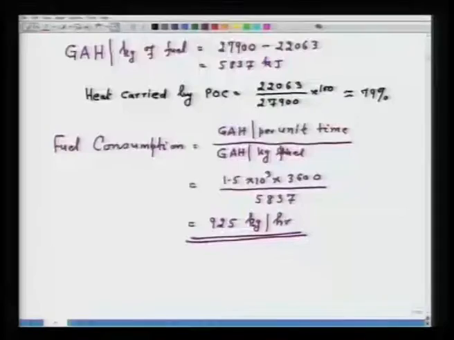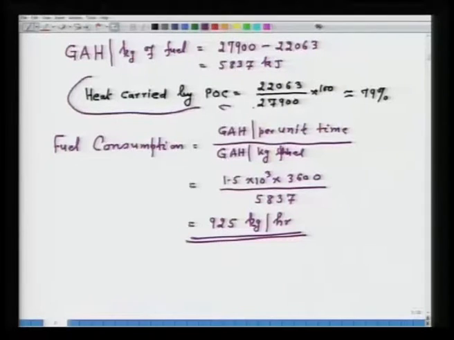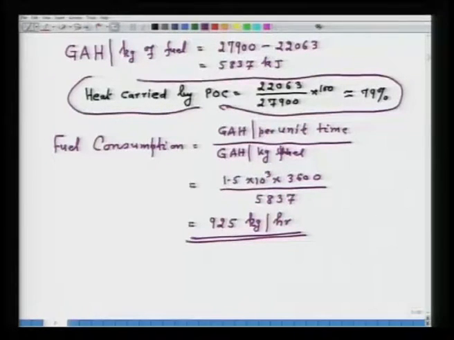The answer is yes. In the same process we can do that. How will we do that? If we analyze this problem, you note that the heat carried by POC is of considerable amount, that is of the order of 79%. What you can do with that heat? You can let it go to the waste, because that 79% of the caloric value is in fact the fuel.